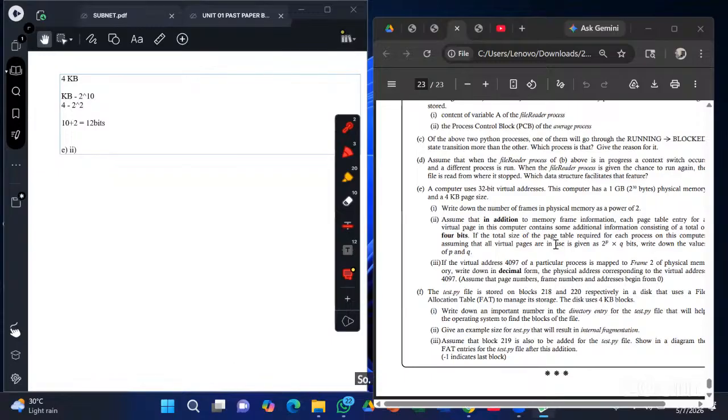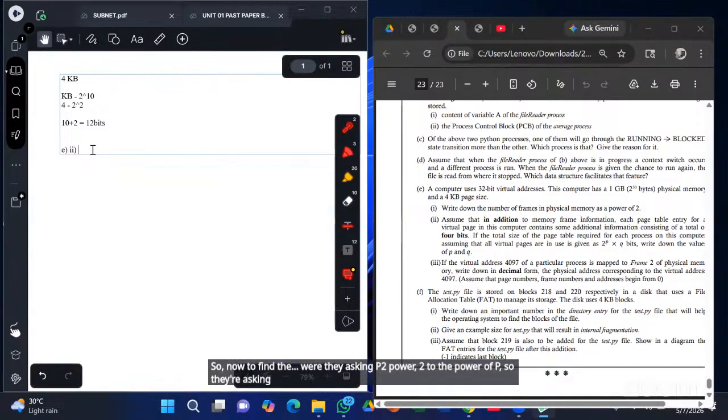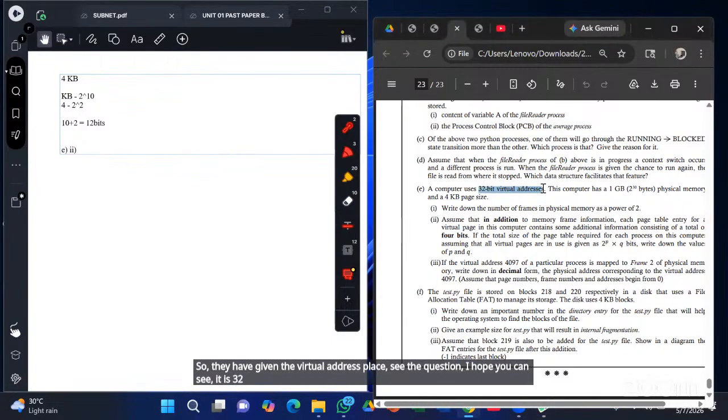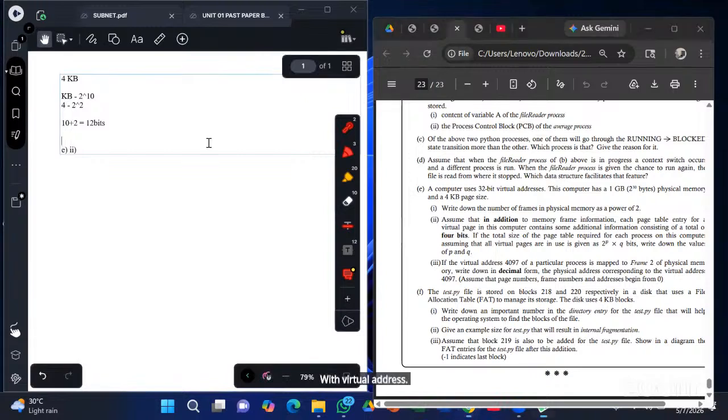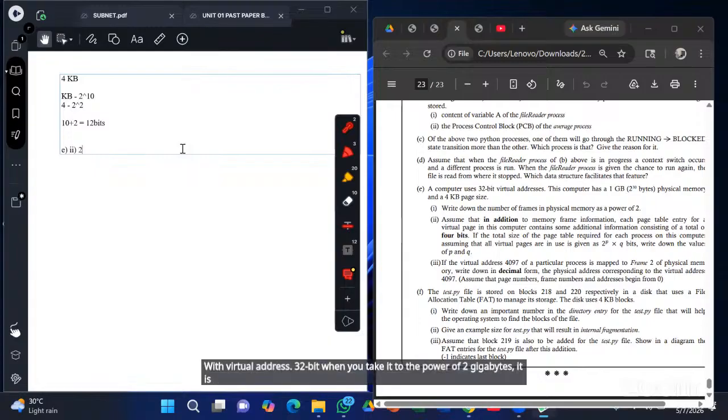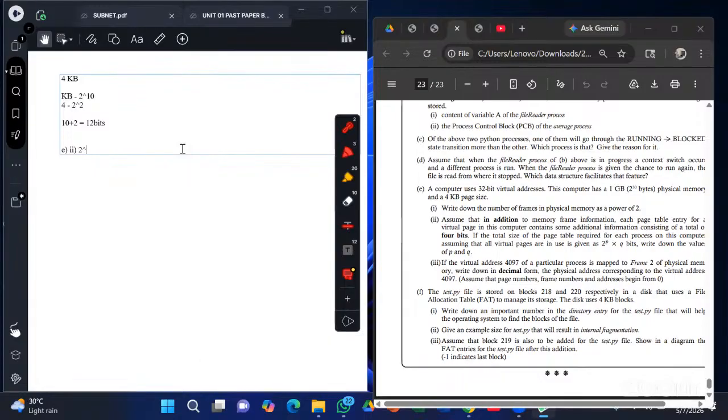So now, to find 2 to the power p, they are asking for the number of pages. They have given the virtual address space. See the question, I hope you can see it: a 32-bit virtual address. When you take it to the power of 2 in bytes, it is 2 to the power 32.